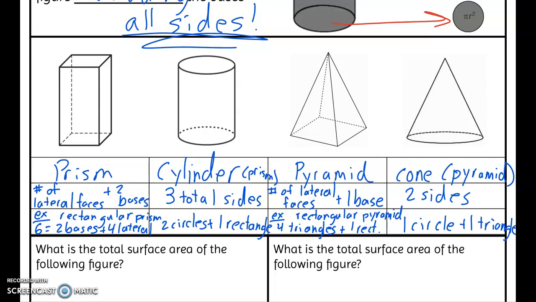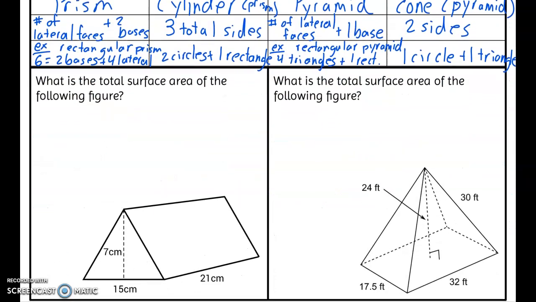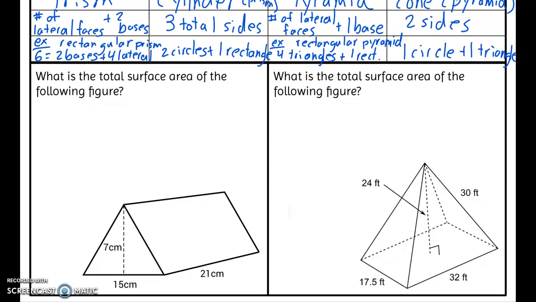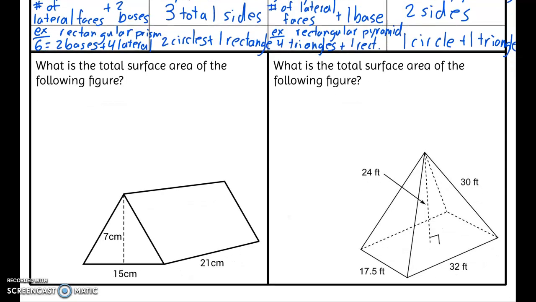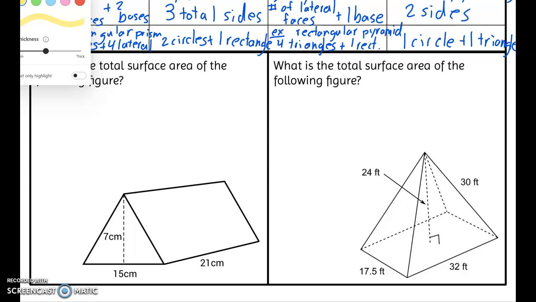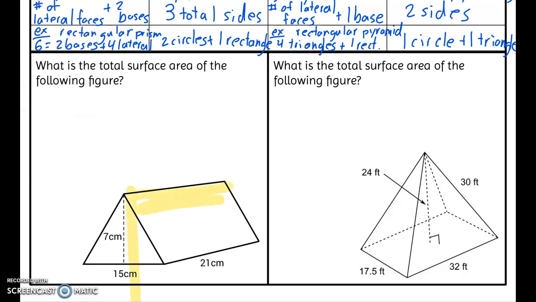Okay, so now let's go on to the next problem. It says, what is the total surface area of the following figure? This figure is exactly the same as the figure that we did in the notes yesterday. So we already know the area of my lateral shape here.